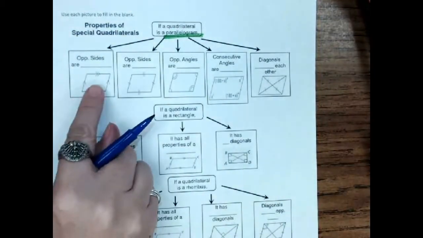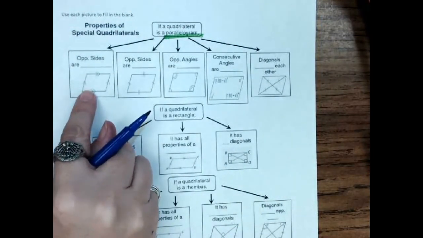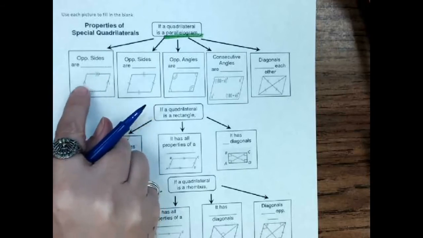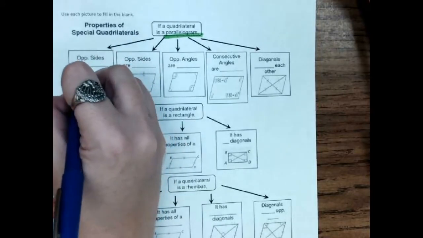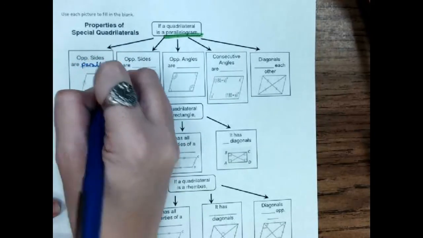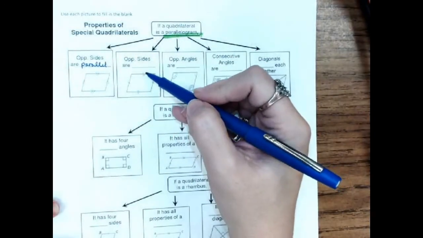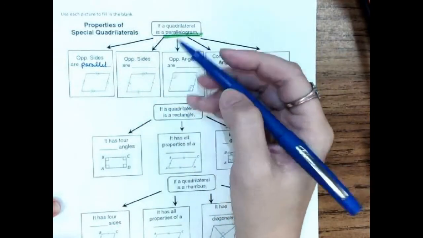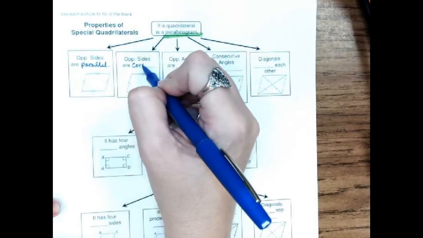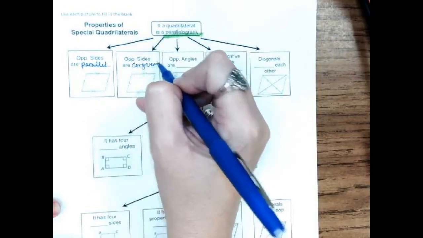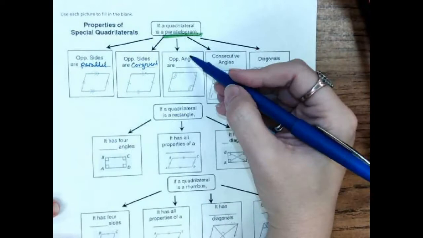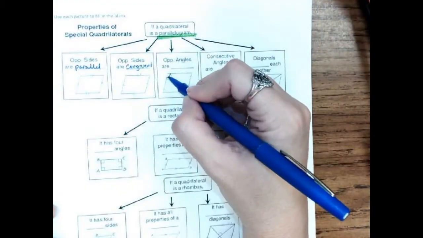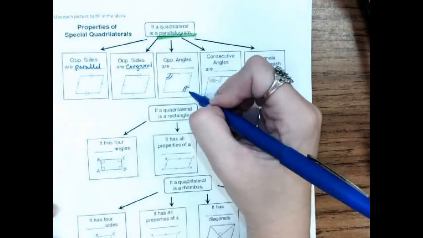Opposite sides, what do these little arrows mean? Well, these little arrows tell me that these are parallel and those are parallel. So opposite sides are parallel. What does this mean? Well, it means that this is congruent to this and this is congruent to that. So opposite sides are congruent. Opposite angles, well, what does it mean about this angle and this angle? Opposite angles are congruent.